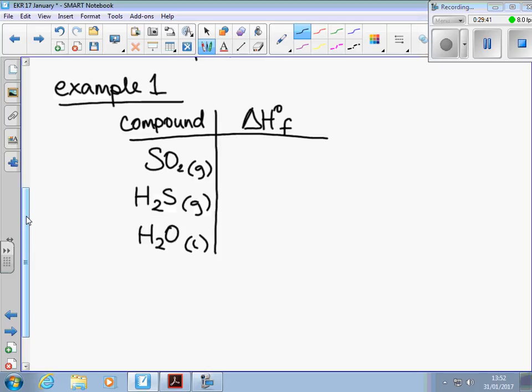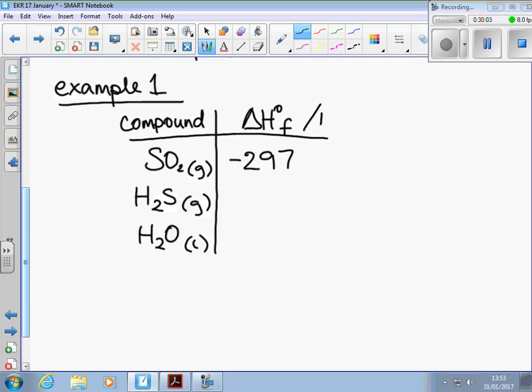Oxygen and sulfur. It literally is as simple as that. So when you form sulfur and oxygen into sulfur dioxide, not that you can just do that, you can't just put a piece of sulfur in some oxygen and hope it'll happen.